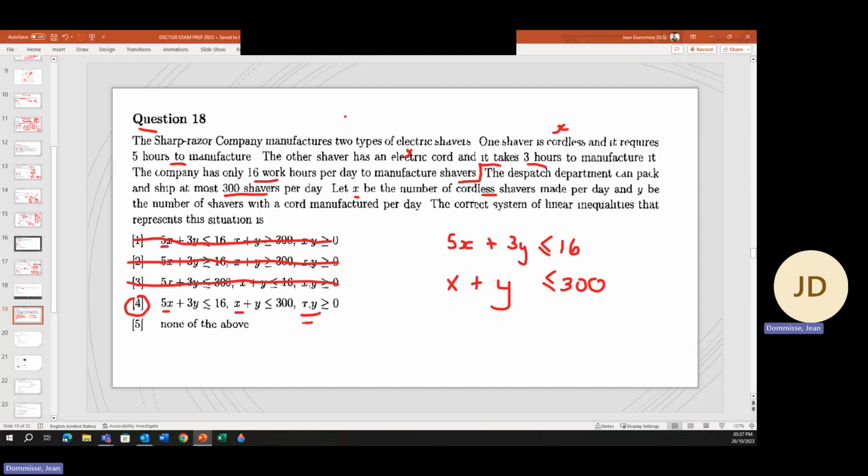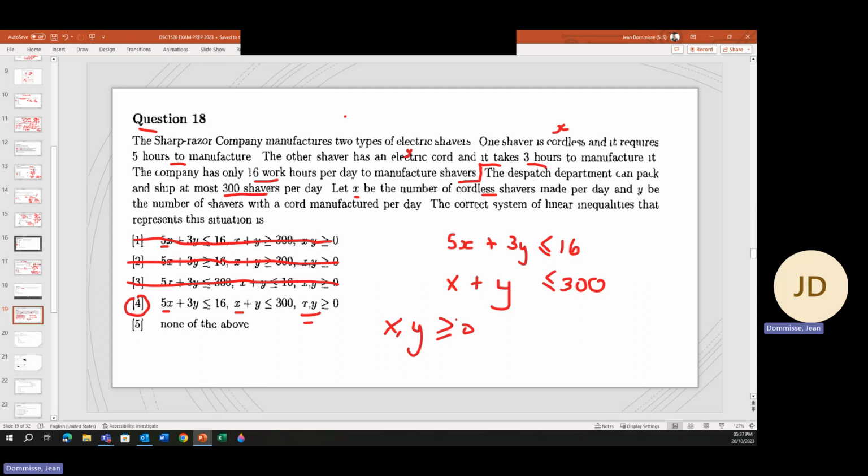And just then, as always, we add that X and Y will be bigger or equal to 0, because again, we can't manufacture a negative product, so you can't manufacture negative electric cord shavers or negative cordless shavers.